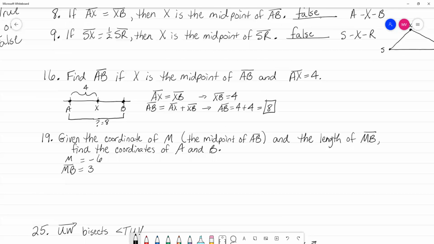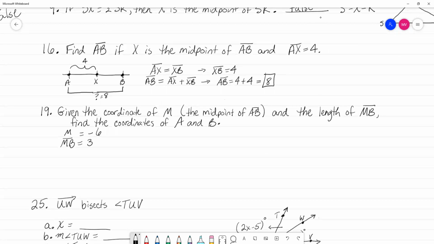All right, number 19. Given the coordinate of M, which I've put just below it, M equals -6, and the length of line segment MB, which is equal to 3, find the coordinates of A and B. They have stated that M is the midpoint of AB. So again, that gives us some information: AM is equal to MB.